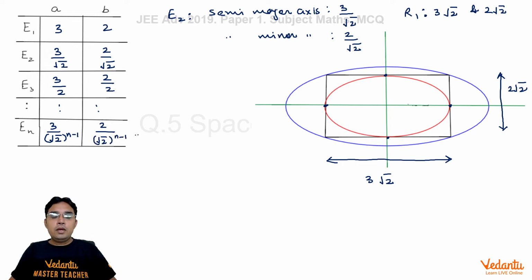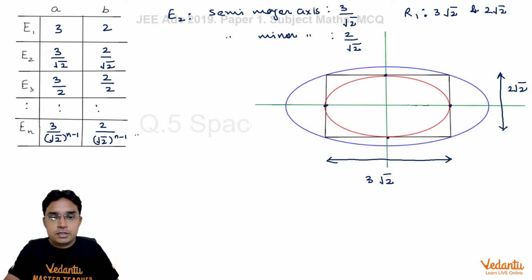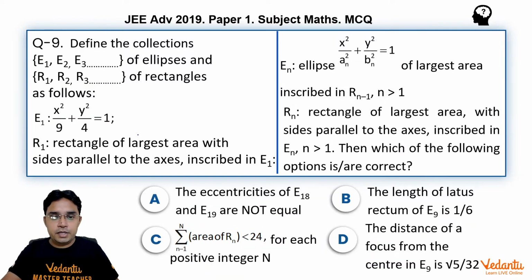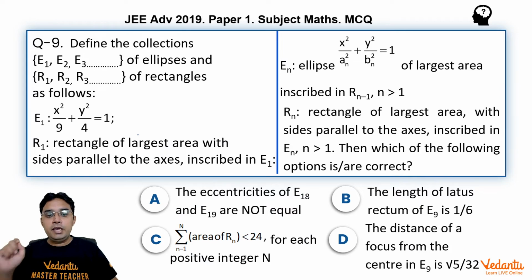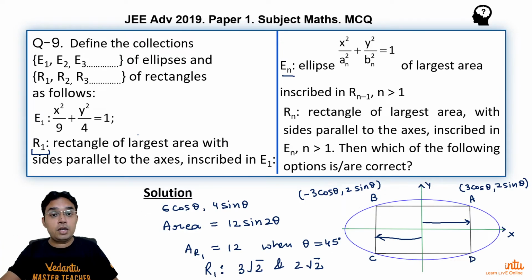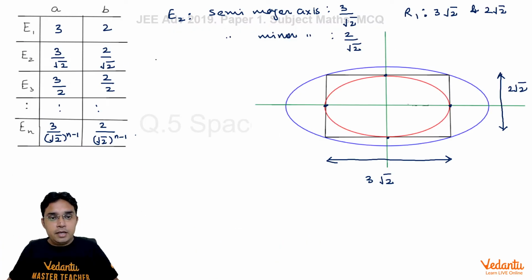Okay. Now let us see what options they have asked. The first option is: eccentricities of E18 and E19 are not equal. Now we can see that in every ellipse E1, E2, E3, both the semi-major and semi-minor axes become 1 upon root 2 times, but their ratio b upon a is always the same, and it is 2 upon 3.